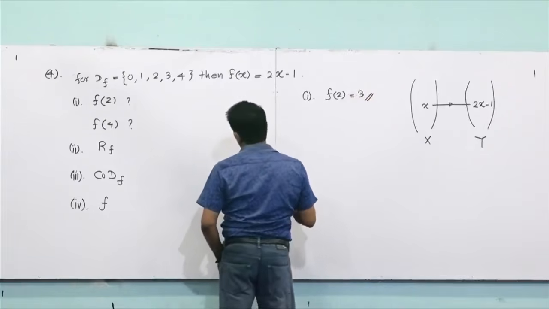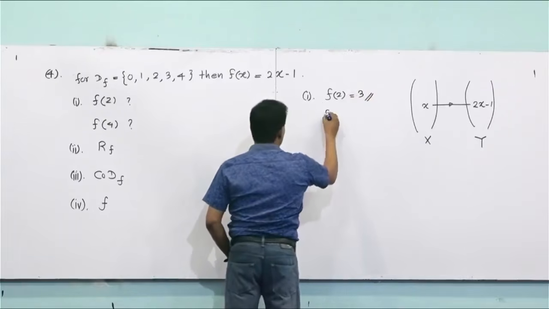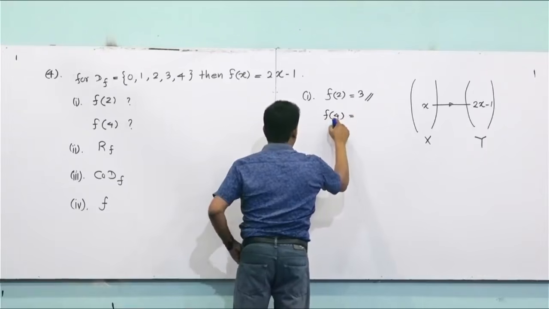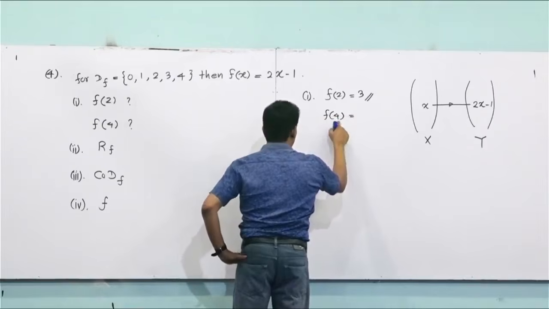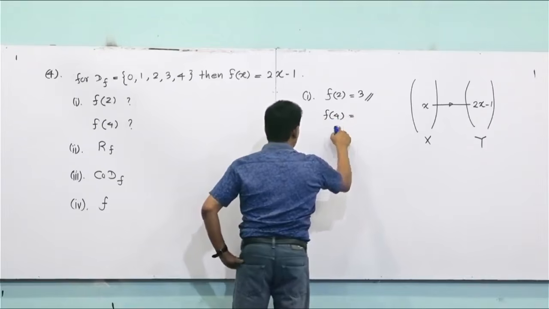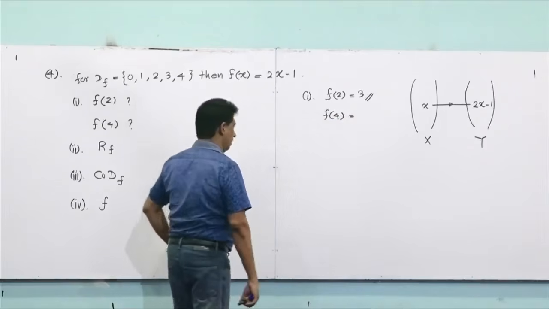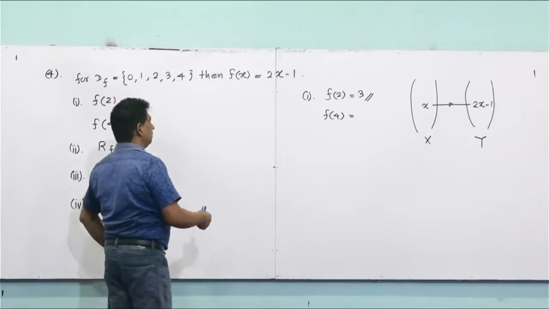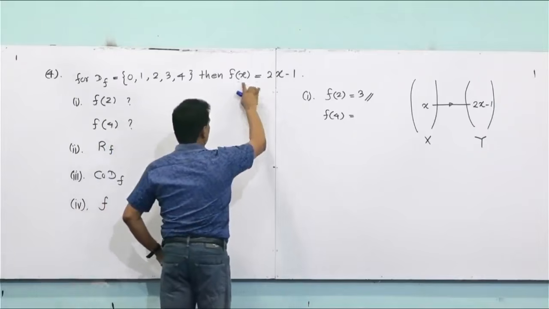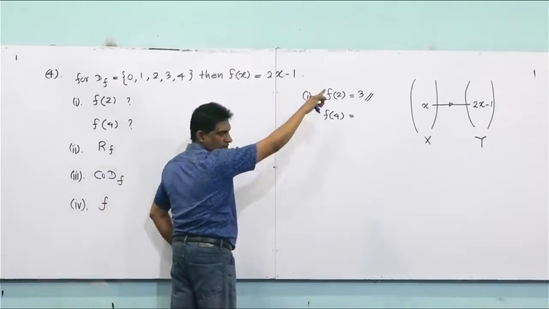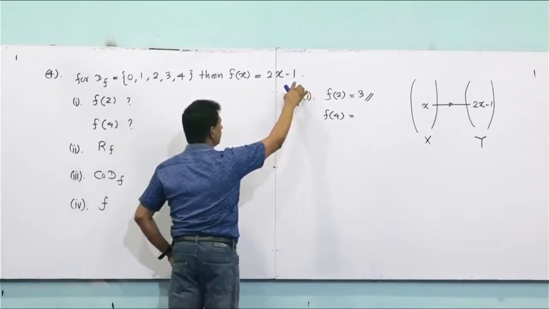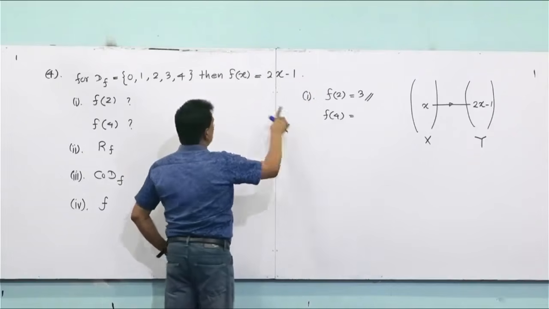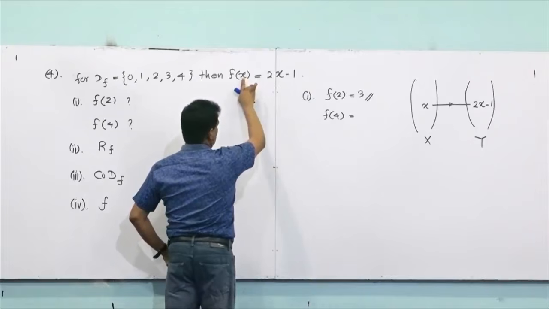Then there is another method. What is that other method? I'll explain it. Find f(4). f(4) means image of 4. No? We have to find the image of 4. This is the other method. f(x) is equal to 2x minus 1, no? If we want f(4), what do we have to do? We have to substitute 4 for x.